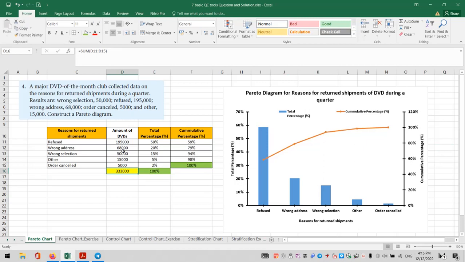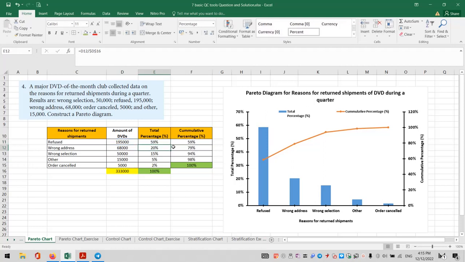The total of all the return shipments is 333k. And how do we calculate the total percentage? You take this value, 195k, divided by the total amount of DVDs.